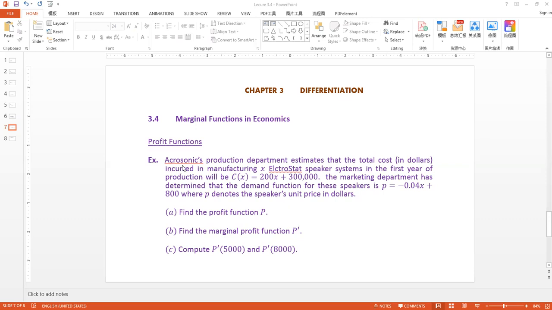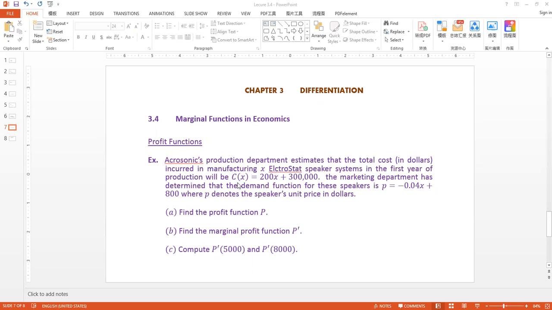So it says Acrosonics production department estimates that the total cost in dollars incurred in manufacturing x electrostat speaker systems in the first year of production will be this. So this is the cost function, okay. The total cost of manufacturing x units of this electrostat speaker.